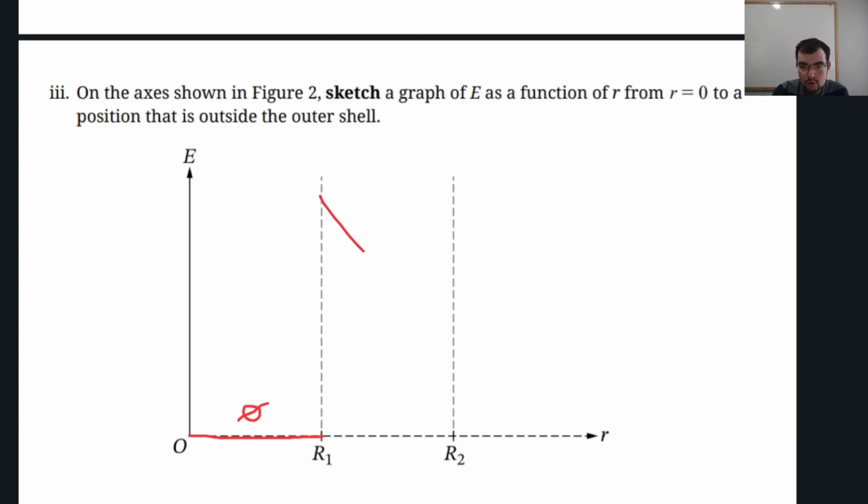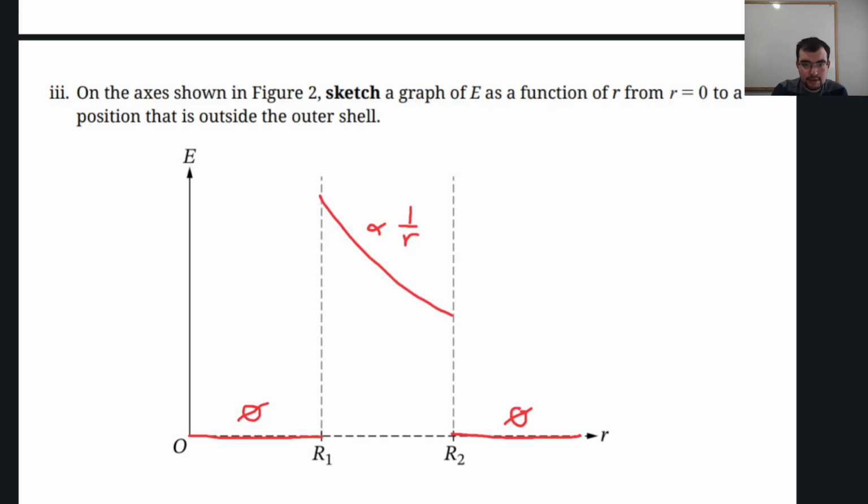I might make it more pronounced that it's a curve to the second conductor, but then as soon as you go on the second conductor, you collect all of its charge, which is equal and opposite. So outside the system, we have 0 charge as well. Not that we had to write the functional dependency here, but I'm just making it clear that I was intending to make a 1 over R graph here.